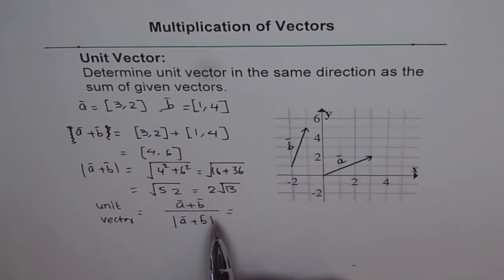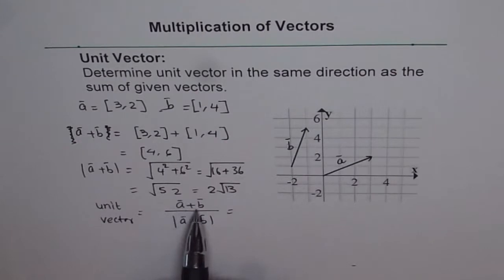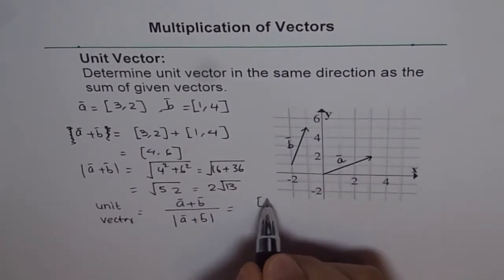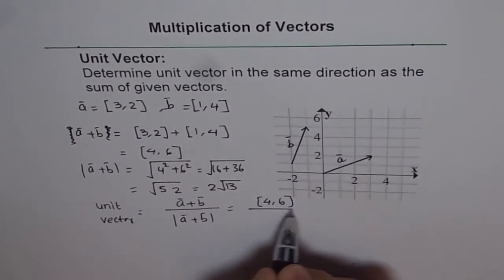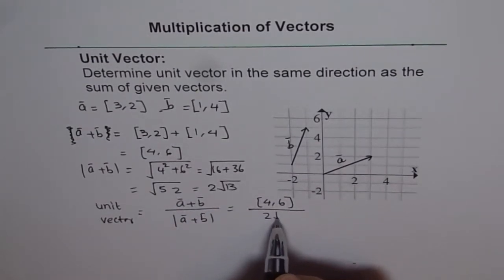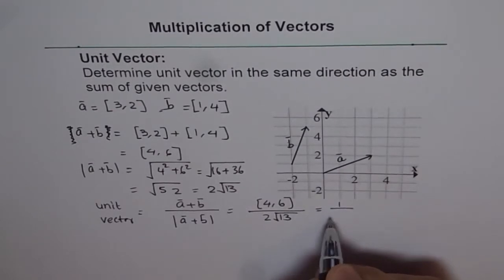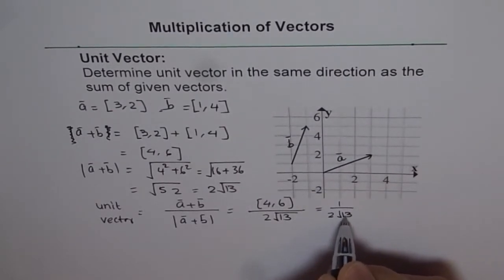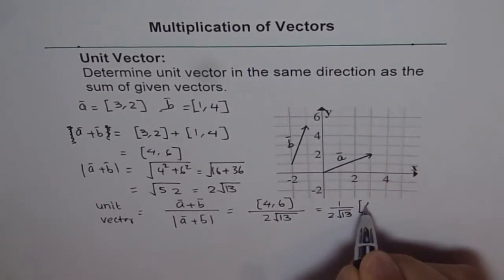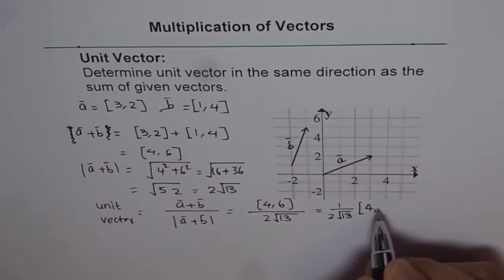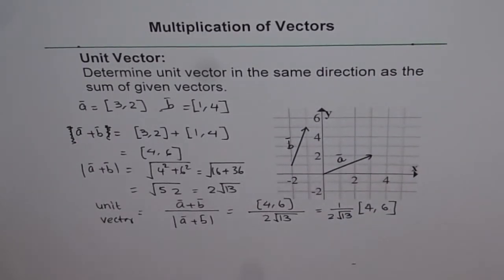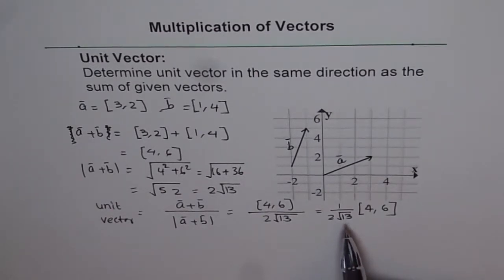So we can write that vector A plus B is [4, 6] and the magnitude is 2 root 13. So that is the unit vector. I could write this as 1 over 2 root 13 times [4, 6]. So that becomes my answer. This represents a unit vector in the same direction as the sum of these two vectors, correct?